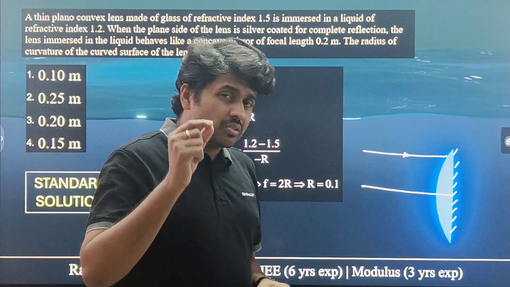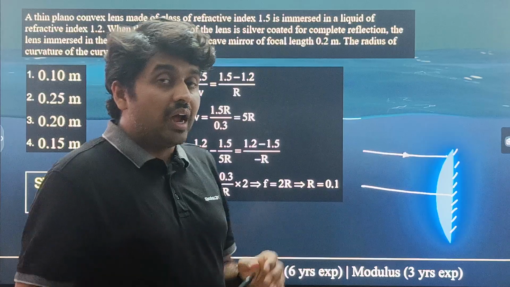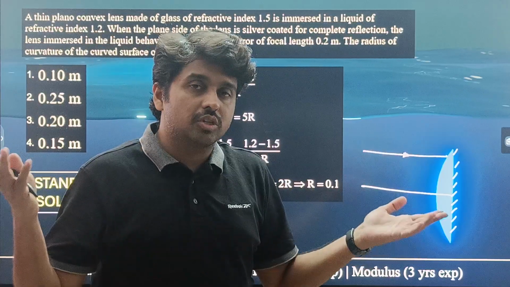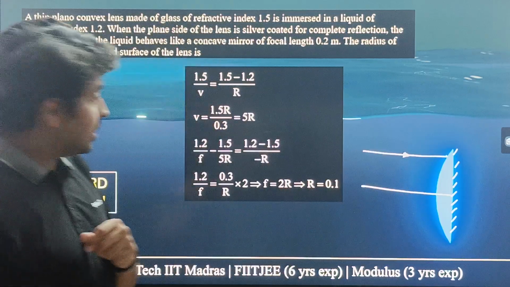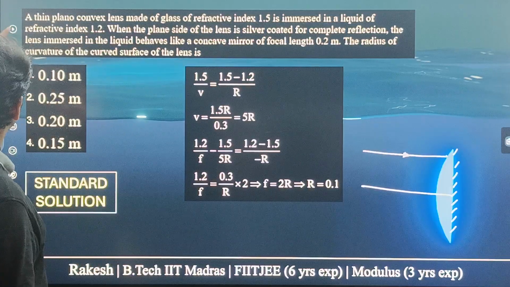Now let us go on to this very unique perspective of looking at this question. If you can understand this, there are many questions which you can solve in a very short way. Let us move on to the nice method.